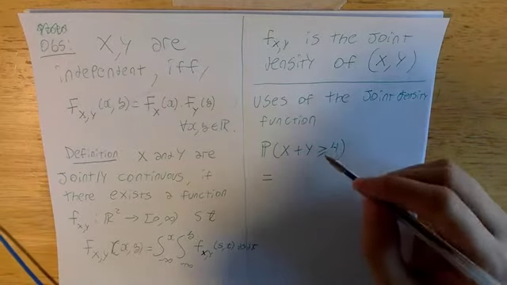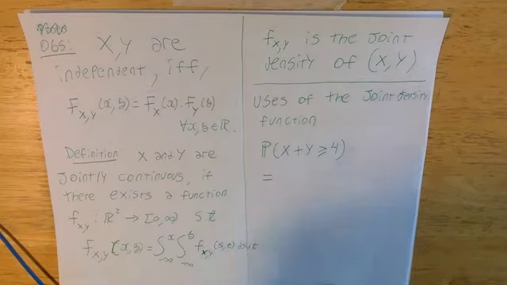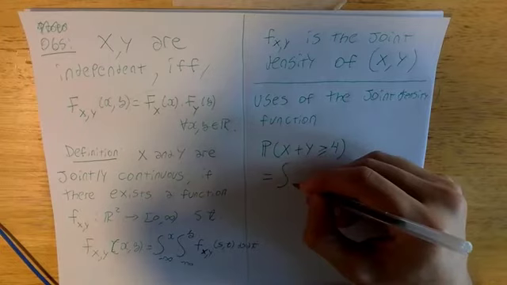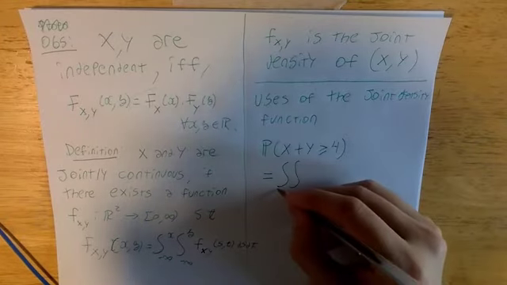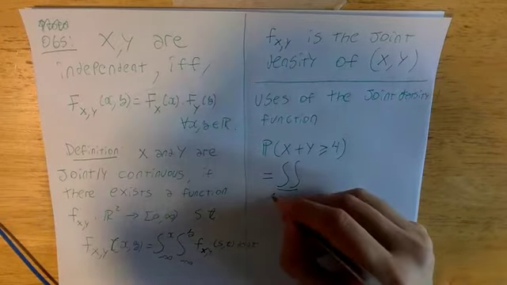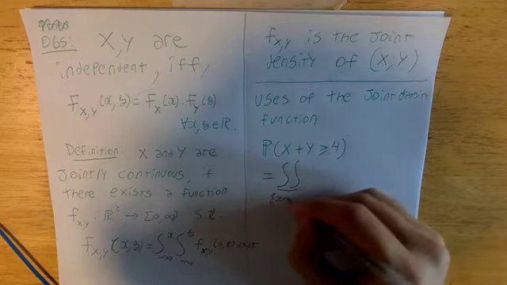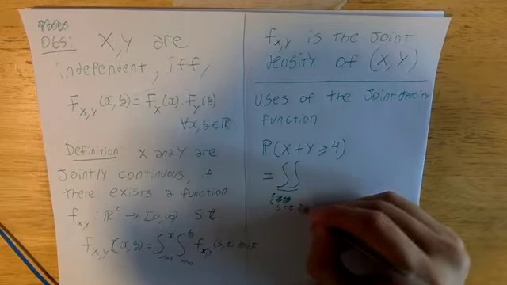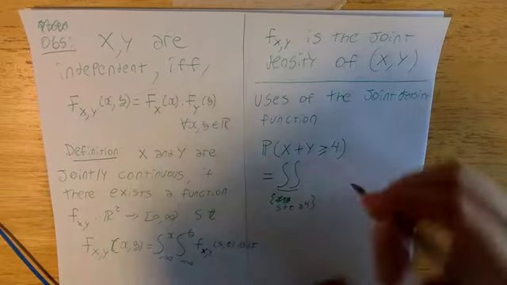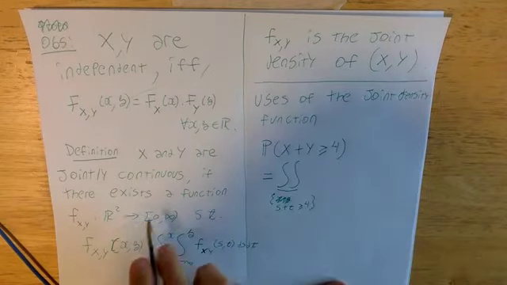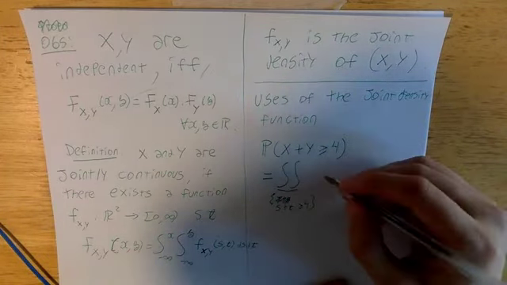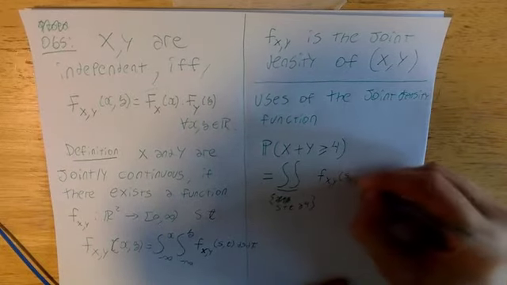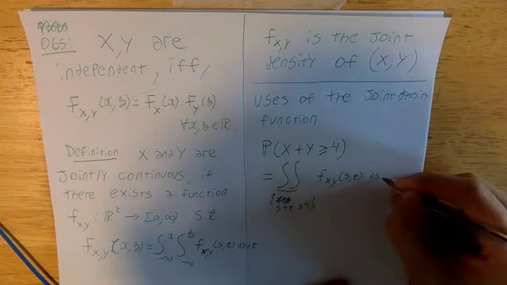You can do it by doing the same things that we were doing before. So this is going to be the integral not over the whole space, but over the set where s plus t is bigger or equal than 4, of the joint density of X and Y, which is f_{X,Y}(s,t) ds dt.